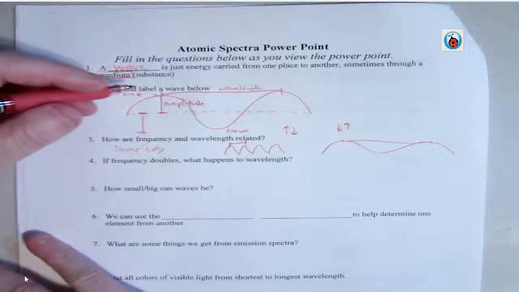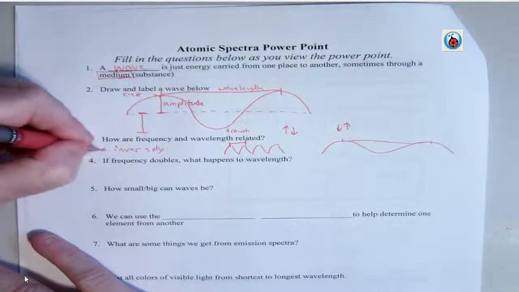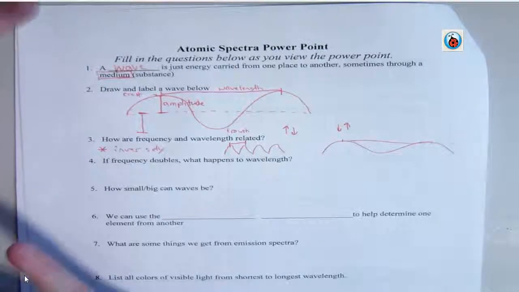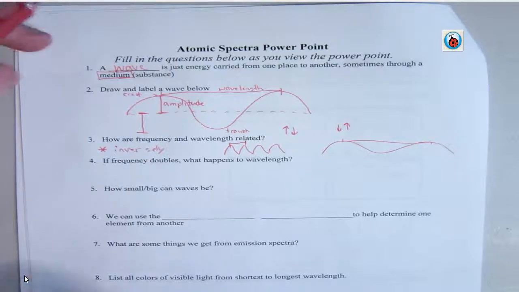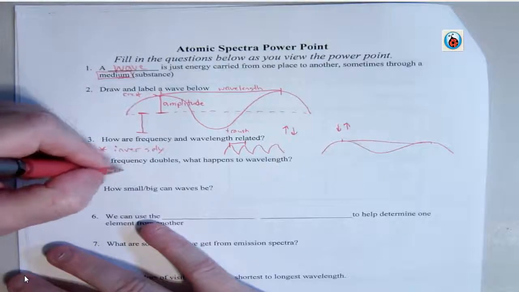Okay, so let's look at this. Now that we know that it is an inverse relationship, meaning like opposite relationship, if the frequency doubles, what happens to the wavelength? So think about this.